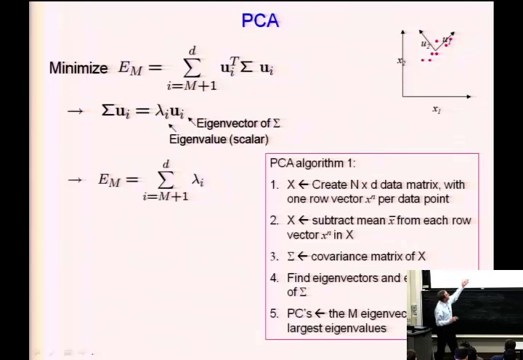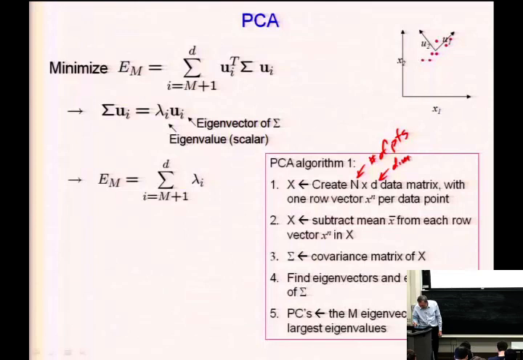If we have a set of data, like those red points up in the corner, first we build a matrix X which has the n points, each in their original d dimensions. And each row in that matrix corresponds to one of these points.